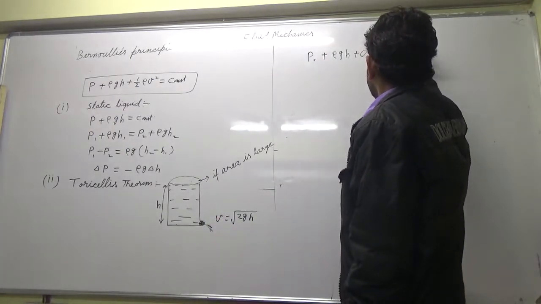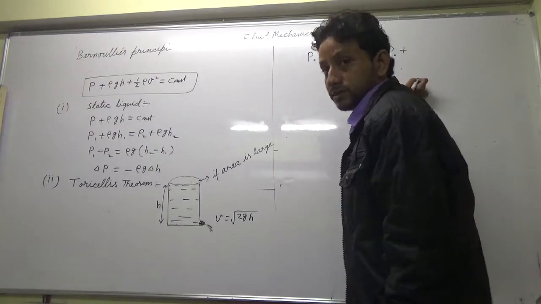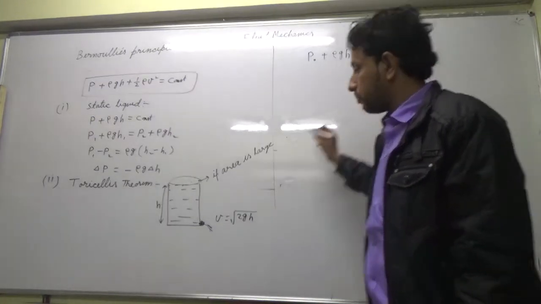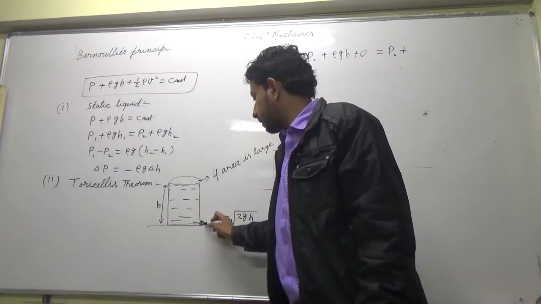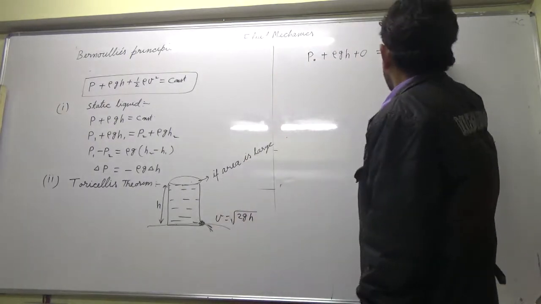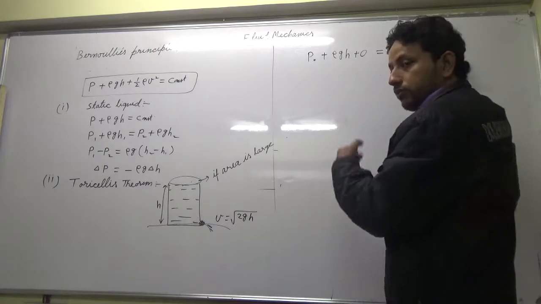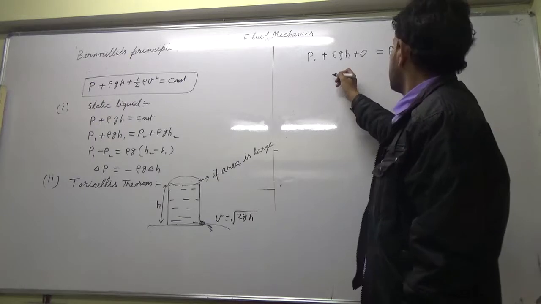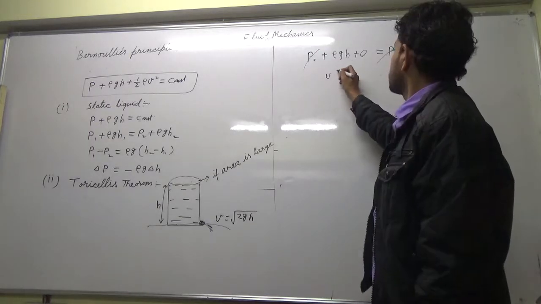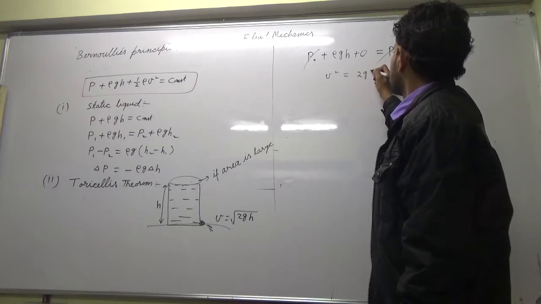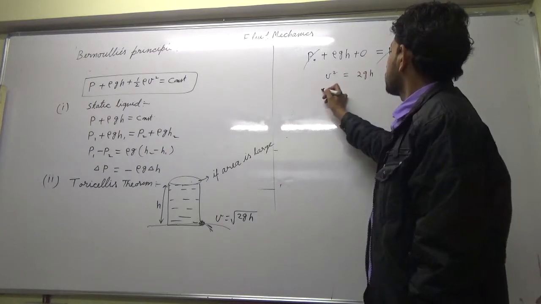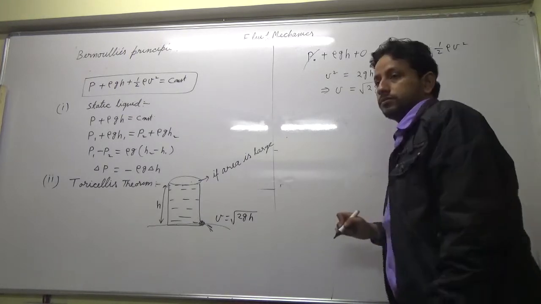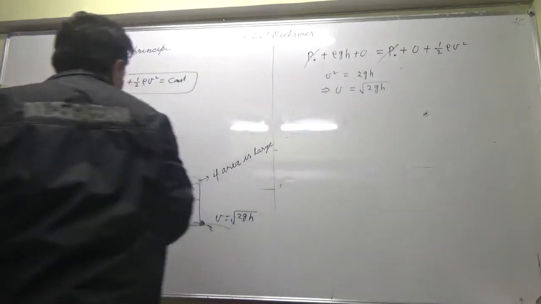So P naught plus pressure plus height, which will be 0 if we measure the height from here, and the velocity will be v. So we can write half rho v square.